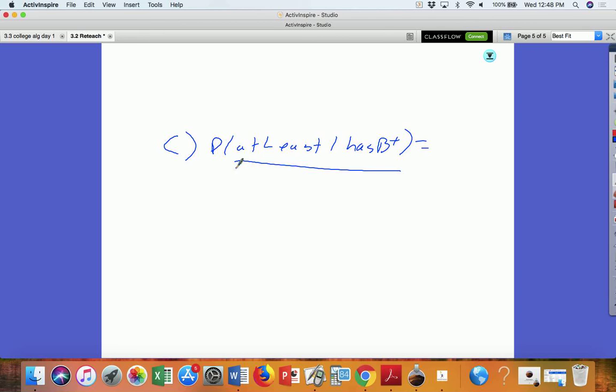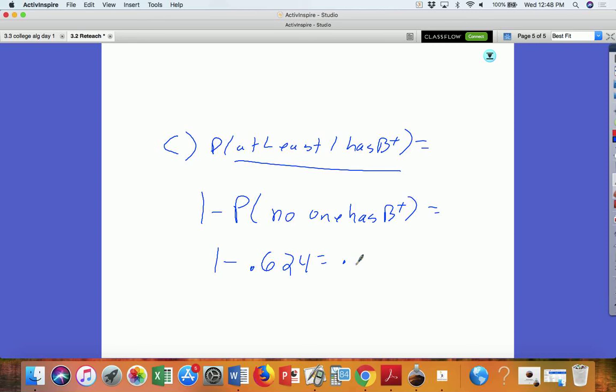Find its complement. What's the complement of at least one person having B positive blood? What is the opposite of that? Nobody. So calculate that, which we've actually calculated: no one has B positive blood out of the 5. When we just calculated that, was it 64? 62, 4?